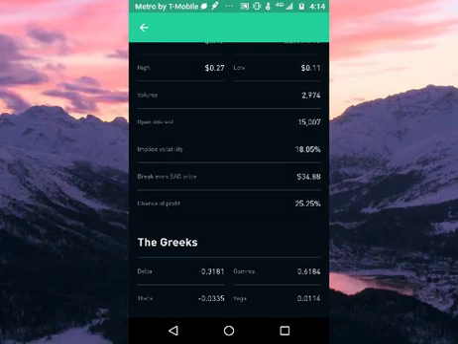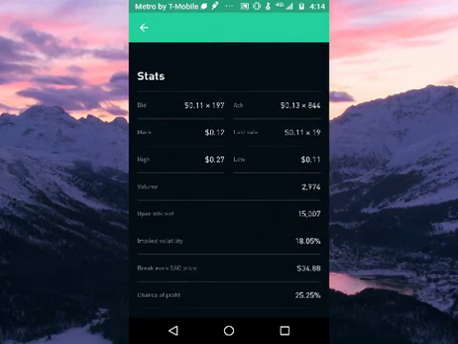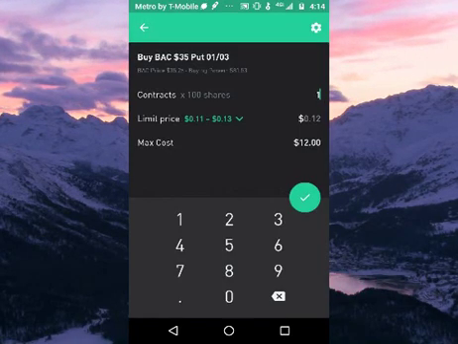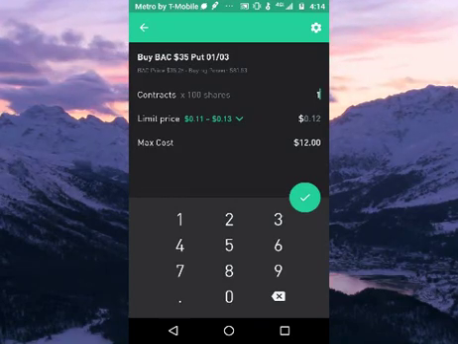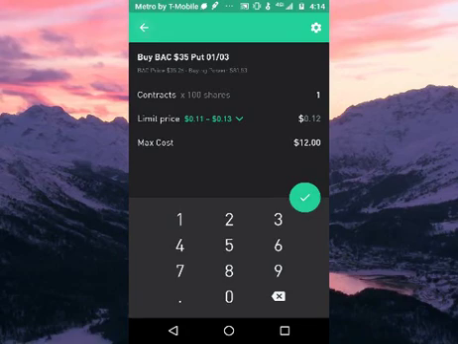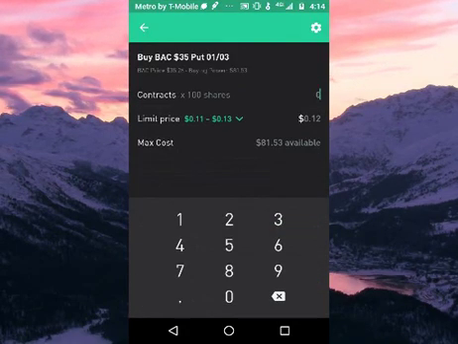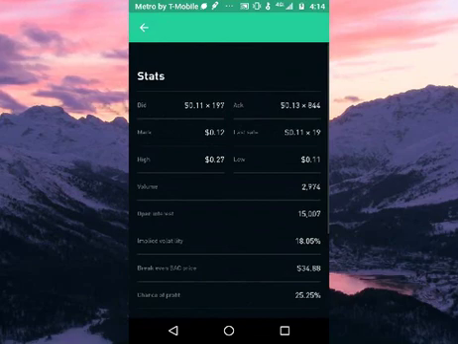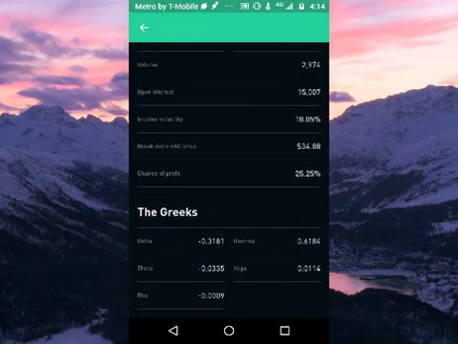The strike price is $35, and we're going to subtract the premium that we're going to pay. In this case, it's going to be 12 cents, right? So we're going to subtract 35 minus 0.12. It's going to give us $34.88. And also you can look at the Greeks over at the bottom.